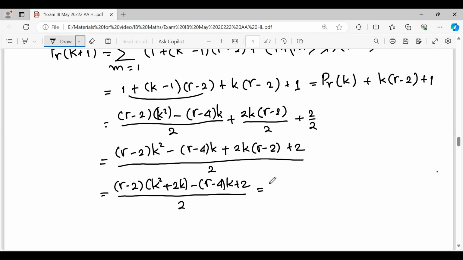So it becomes r minus 2. We will add 1 here because we're going to factorize. Plus 1. That should be minus (r minus 2) minus this term, minus (r minus 4)k plus 2.